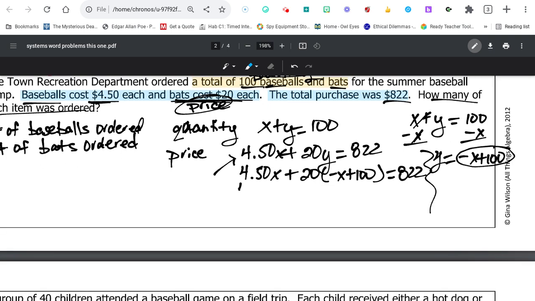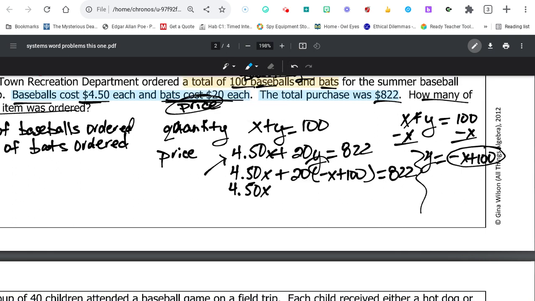Okay. So I got 450X, and that's going to give me negative 20X. And then here, positive 2,000.